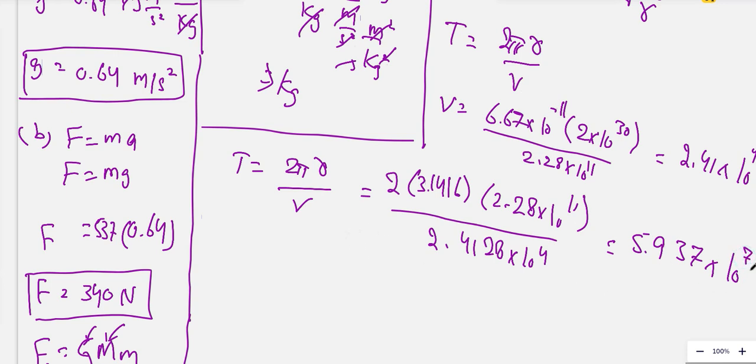Then it is in seconds, and for converting it into years, which is also asked in the question, in 1 year there are 365 days, 24 hours and 60 minutes.